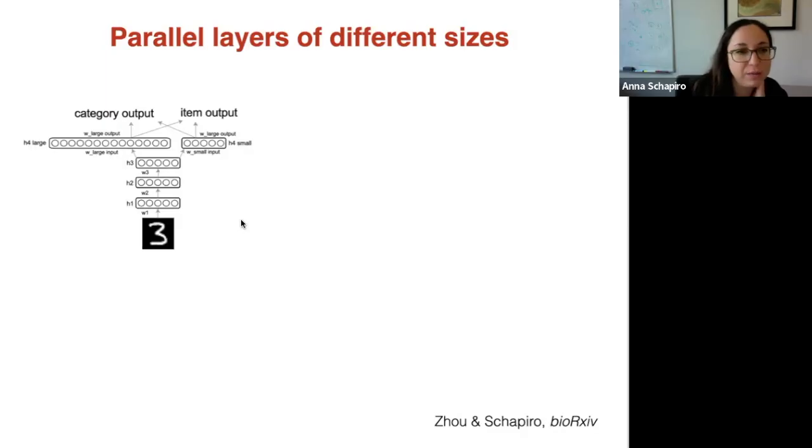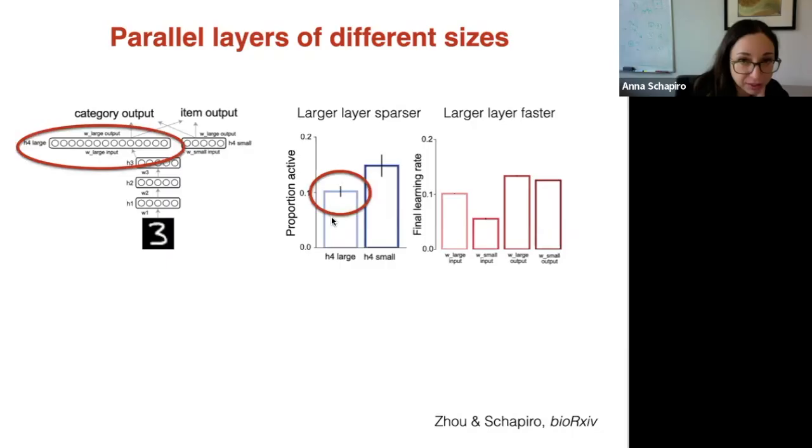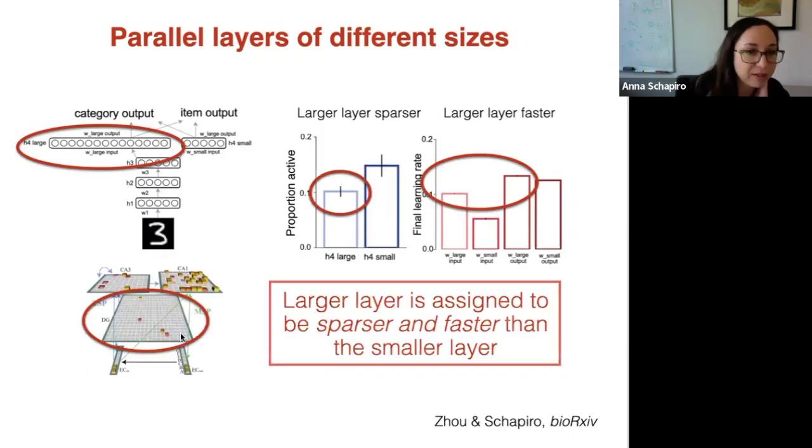And the question is, what will it learn to assign in terms of the sparsity and learning rate to the two different parallel pathways? And we find that it decides to make the larger layer sparser and faster, which is exciting to us because that corresponds to the way that we think about the trisynaptic pathway.